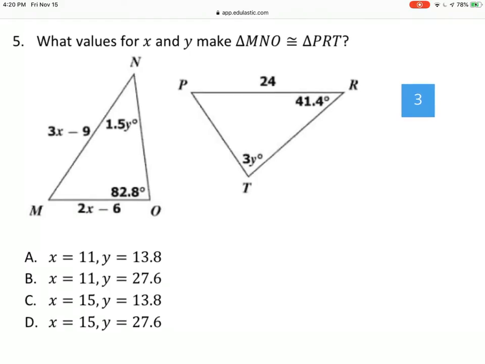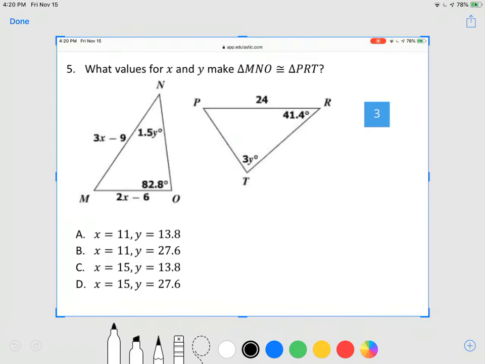For this one, it wants to know for what values of x and y would make the two triangles congruent. Okay, well, for the two triangles to be congruent, then the corresponding parts have to be congruent to each other.